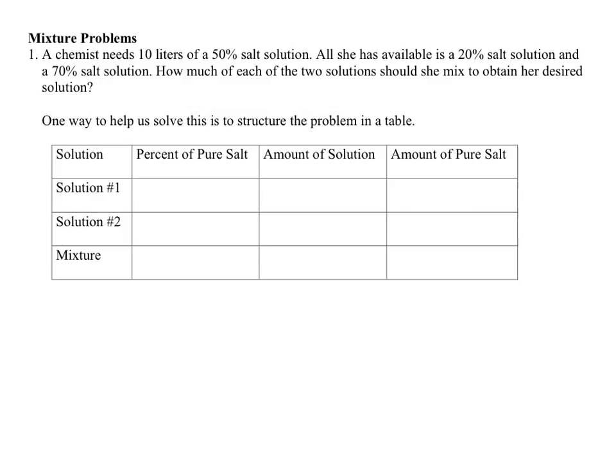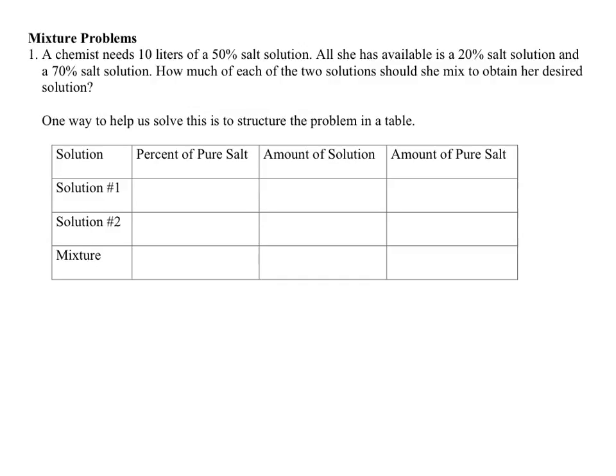A chemist needs 10 liters of a 50% salt solution, but all she has available is a 20% and a 70%. So she wants to know how much she needs to mix of each solution to get a 50% solution. So this is how they're going to be set up.